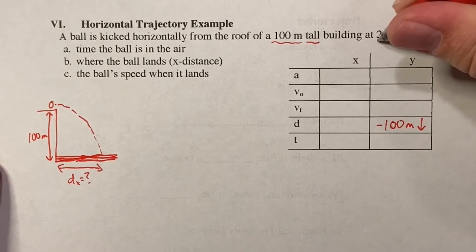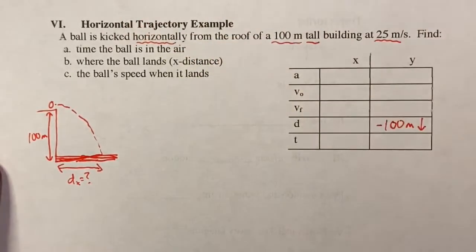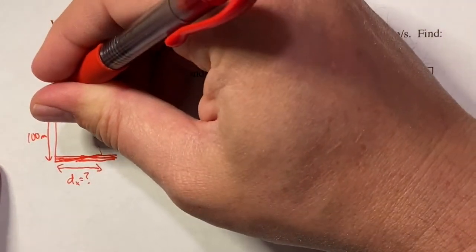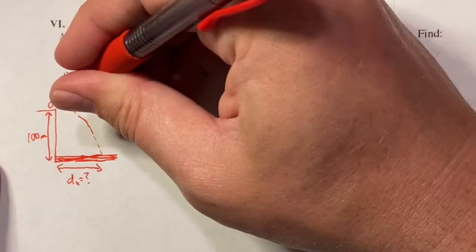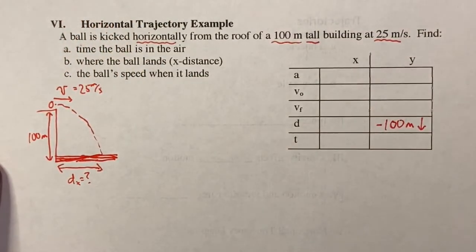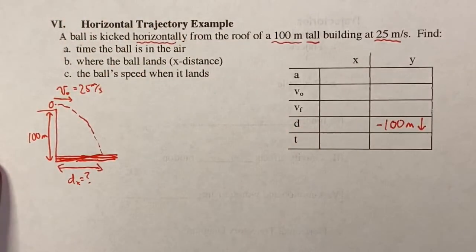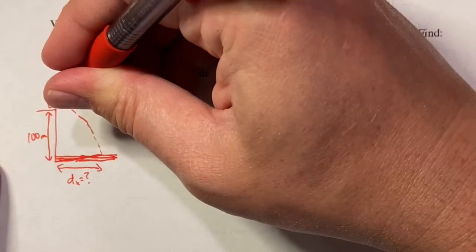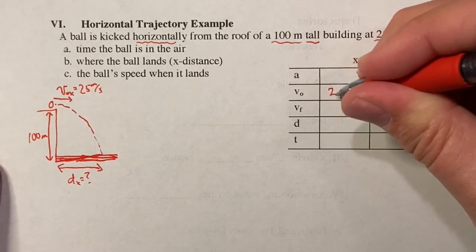It says that the ball is kicked at 25 meters per second, but it specifies that motion is horizontal. So the ball starts off with 25 meters per second, and there's a couple things to note about that. Well, we're at the beginning of the arc, so that's a v original. And specifically, all of this 25 meters per second is in the x direction.